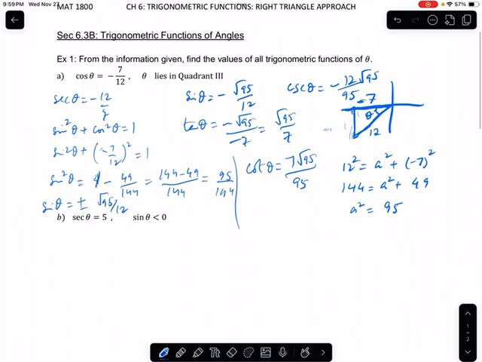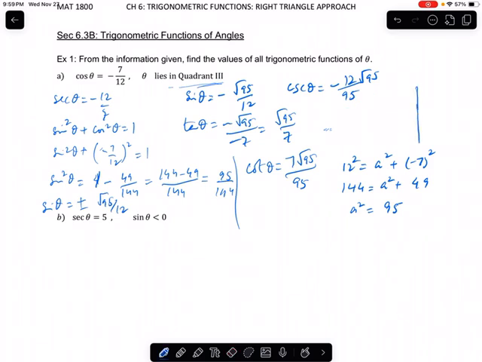So how did I draw this? Because I knew that the angle theta is in the third quadrant, we just draw a small triangle. We draw our axes, and because the angle is in the third quadrant, just draw a line like this, and then a vertical joining with the x-axis.